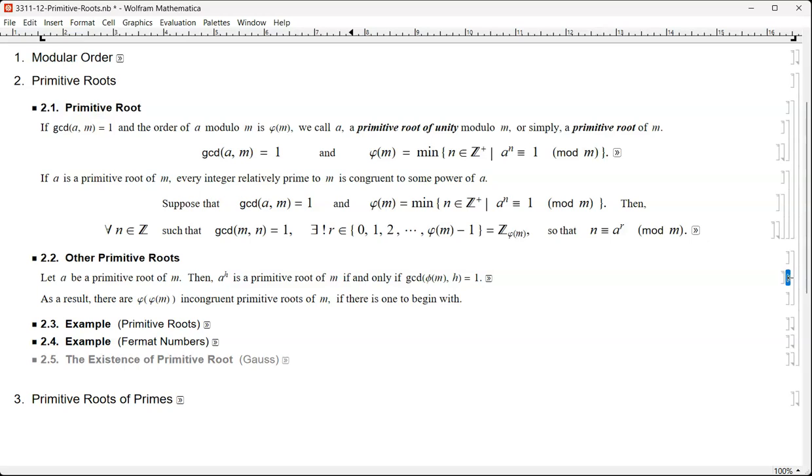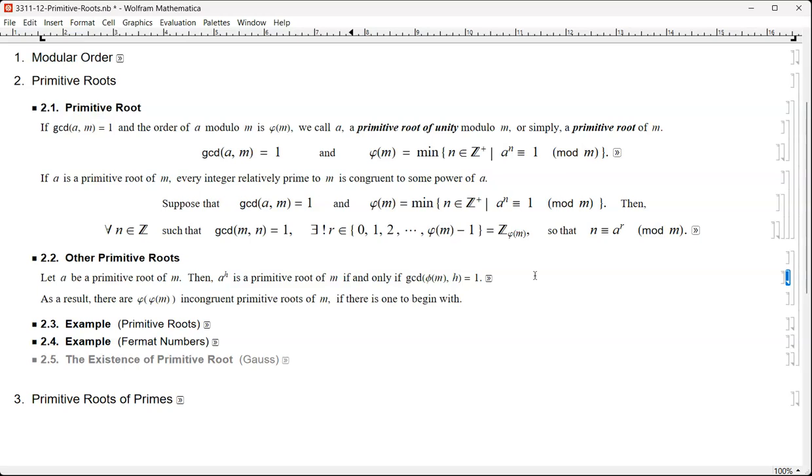So you have to see that a is a primitive root of m, so the order of a modulo m is just phi of m, and then how about the order of a to the h power modulo m? All right, I'm giving away a bit too much. There's only one property associated to GCD in section 1, so you know what to do.